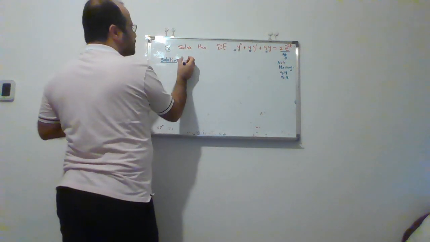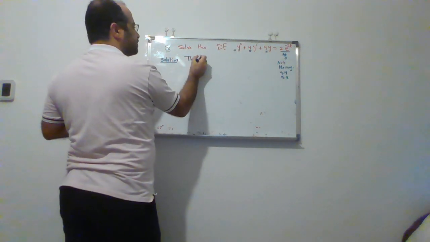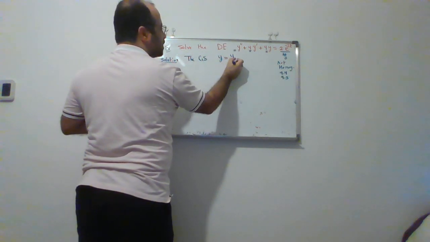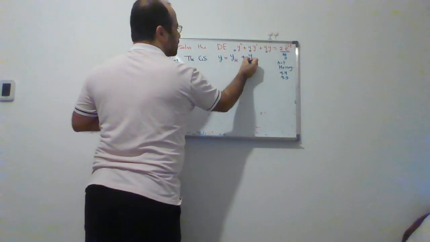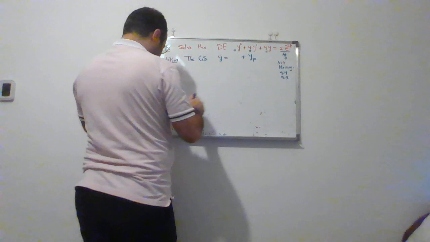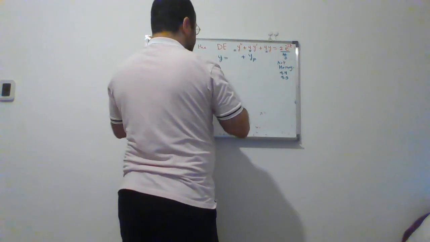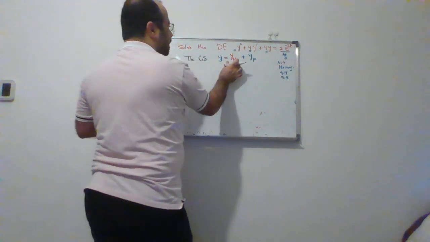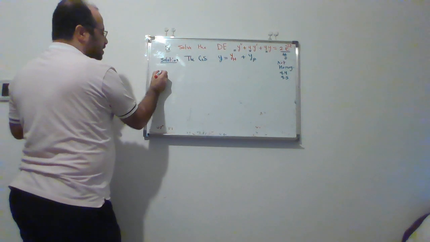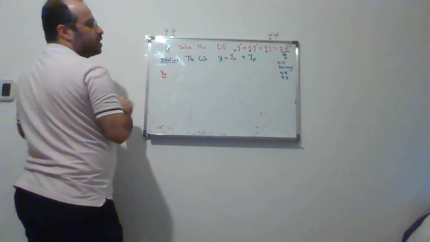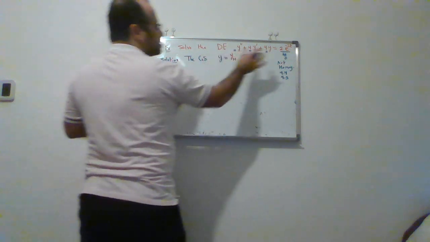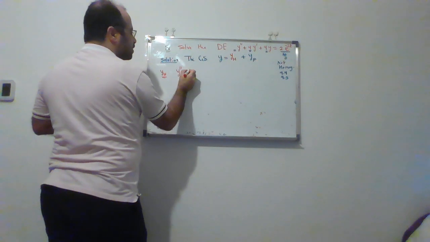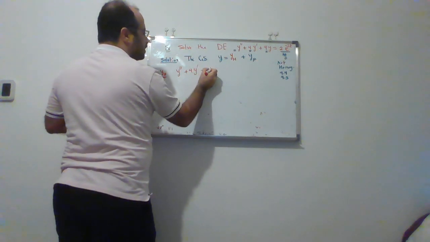So first of all, you see the general solution has the form y equal to y homogeneous plus y particular. So let me change the color. This is the y homogeneous. I'm just tracking the y homogeneous first. How will you find your homogeneous solution? This means you make that thing 0, right? Then you have y double prime plus 4y prime plus 4y equal 0.